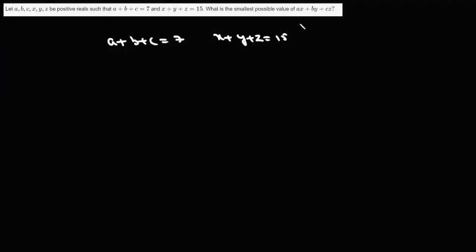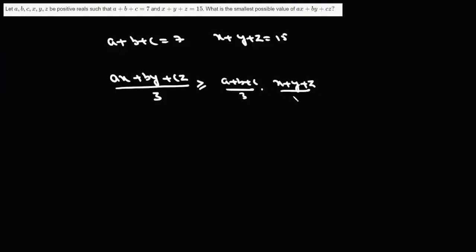Now without loss of generality, if we assume them in the same order, then we know that (AX + BY + CZ) upon 3 will be greater than or equal to (A + B + C) by 3 into (X + Y + Z) upon 3.